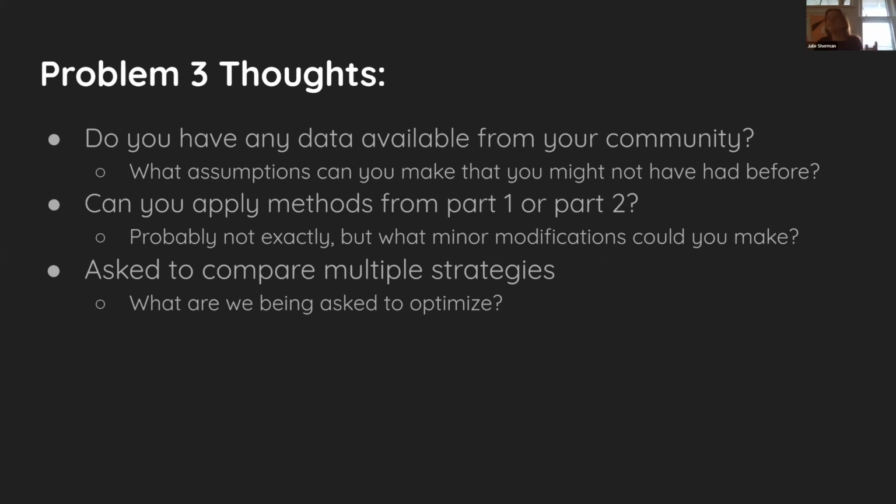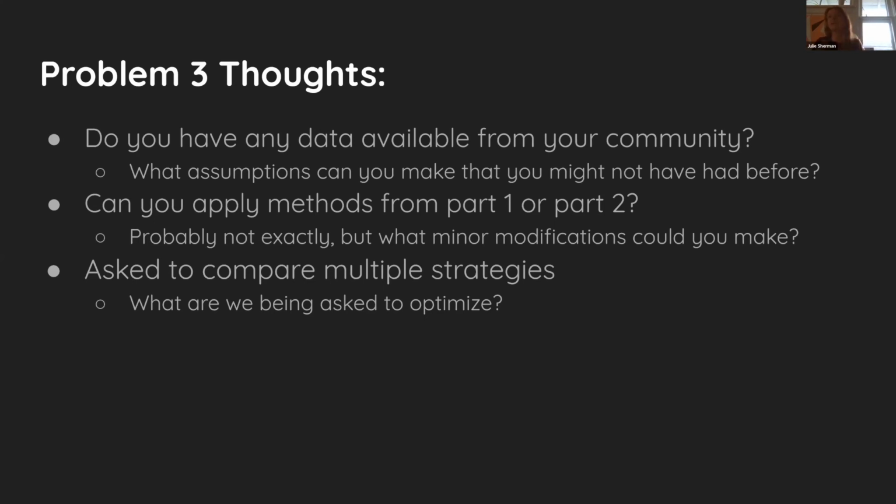Right, what data do we have? What do we not have anymore? What kind of assumptions can we make that we weren't able to make before? So for instance, if we are looking at just our school, we know the ages, right? We can simplify that part. And we can also assume that if you're in school, you aren't making any money, right? That kind of stuff from part 2 is becoming relevant.